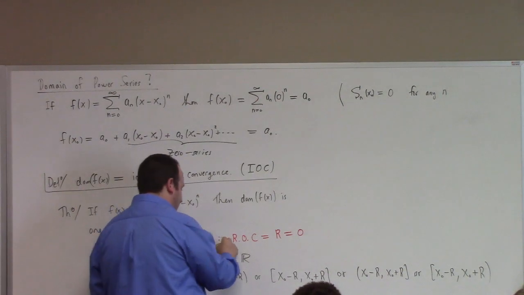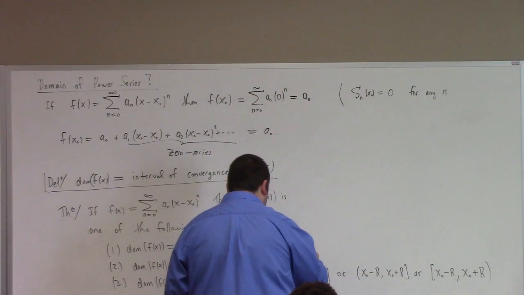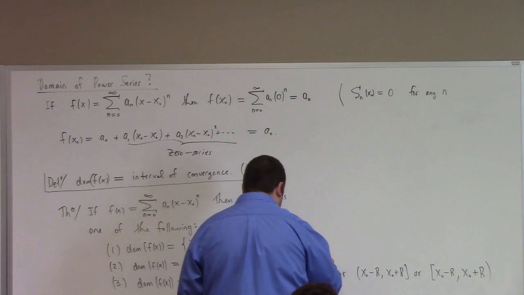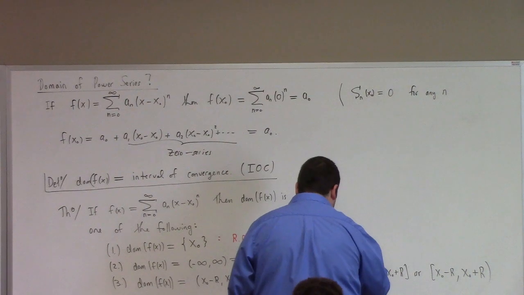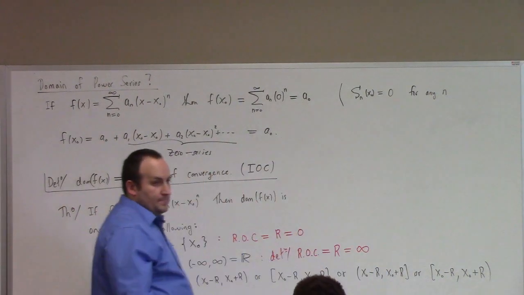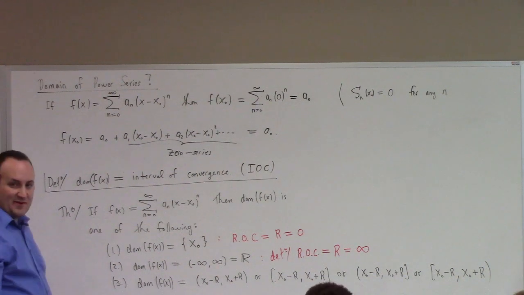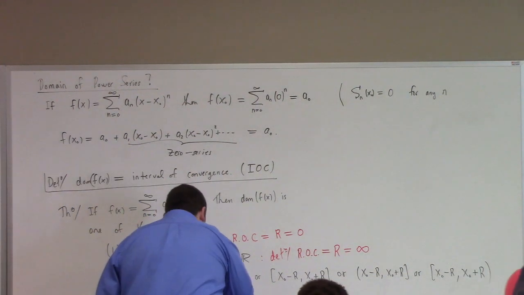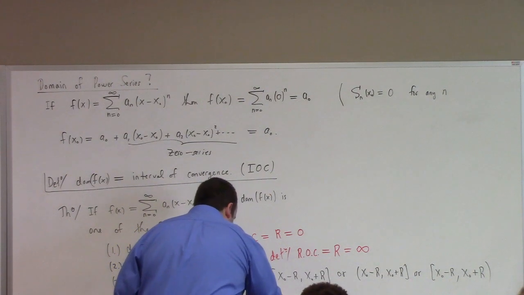I'm actually making a definition here. The radius of convergence, the ROC, is in fact infinity for case 2. And the radius of convergence in case 3, it's the r that I put here, right? So r is the radius of convergence.